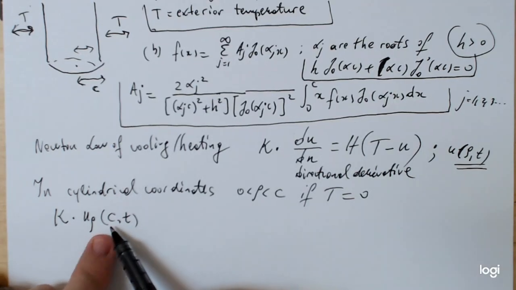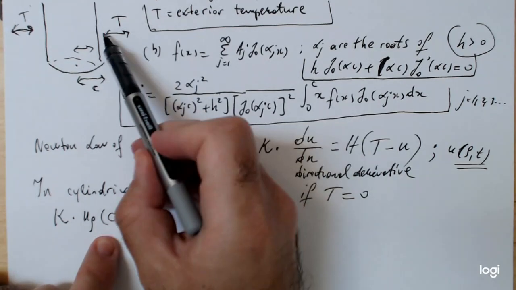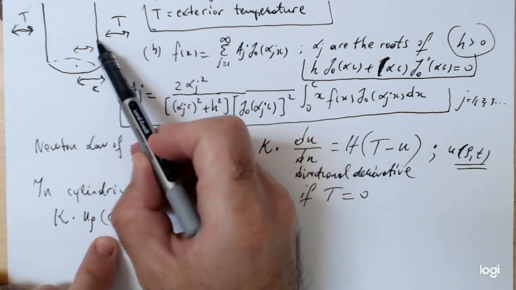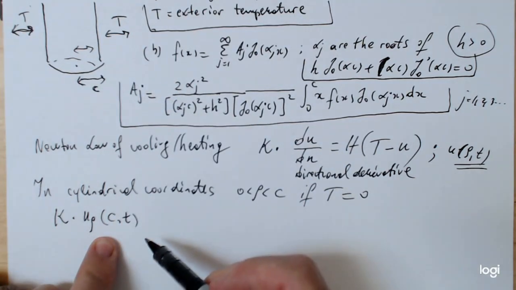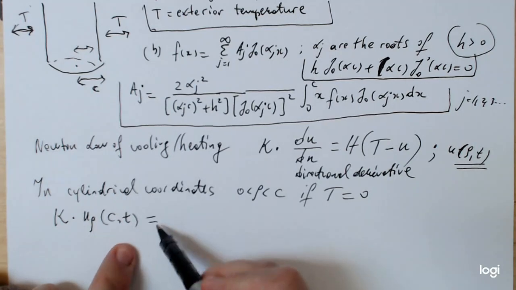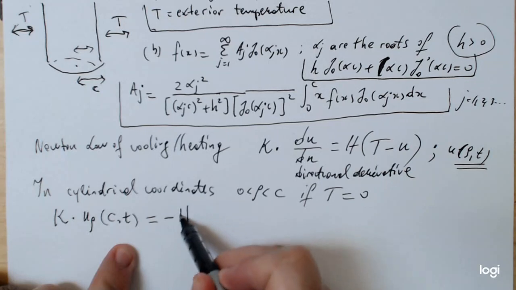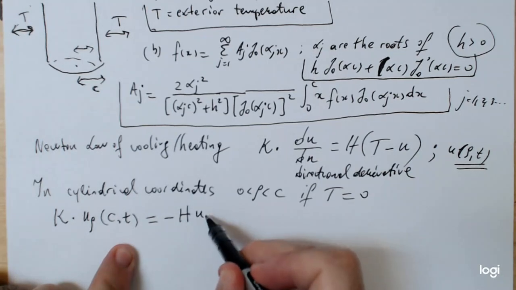Again, at C, not at rho in general, because this law of cooling is essentially a heat exchange on the surface. So the exterior influences the temperature of the surface. And then on the right-hand side, if the exterior temperature is 0, we're going to have minus some other constant h, u of C, t.